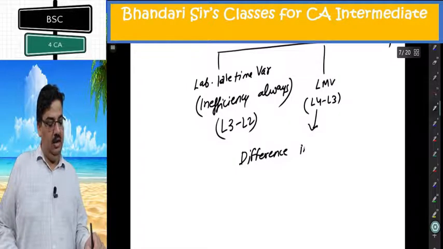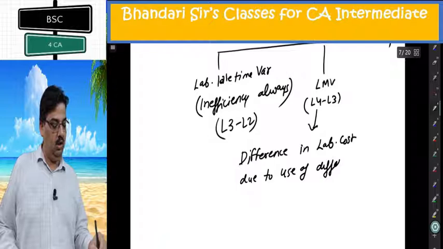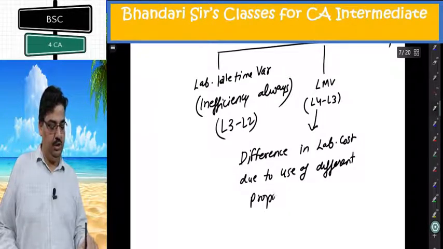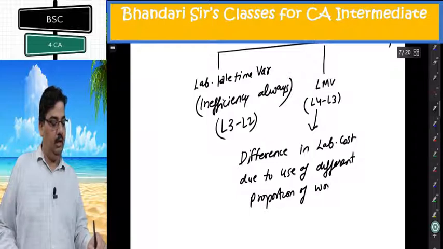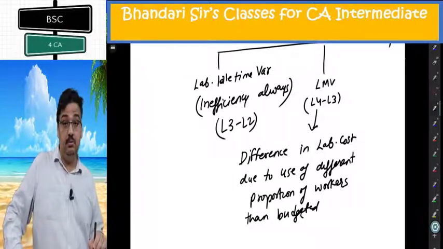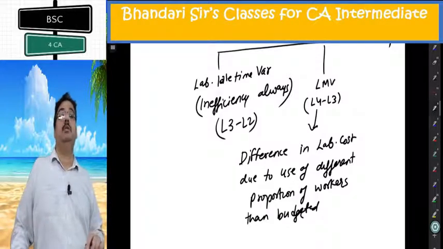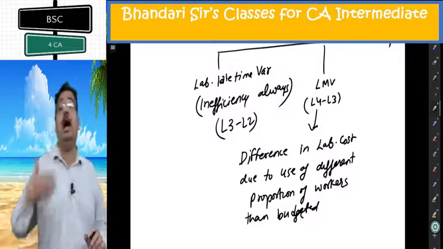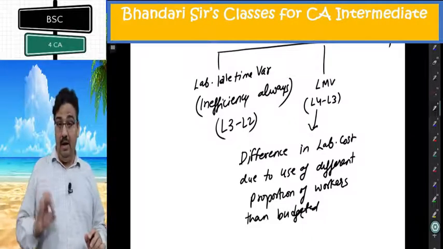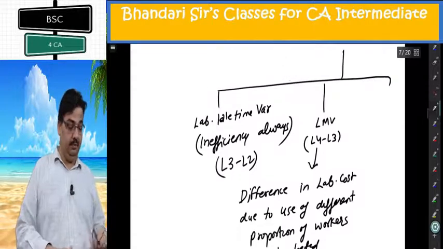Difference in labor cost due to use of different proportions of workers than budgeted. If you used cheaper labor in higher proportion than costlier labor, you will have favorable mix variance. If you used costlier labor in higher proportion, you will have adverse mix variance. So if the ratio is the same, no mix variance then.